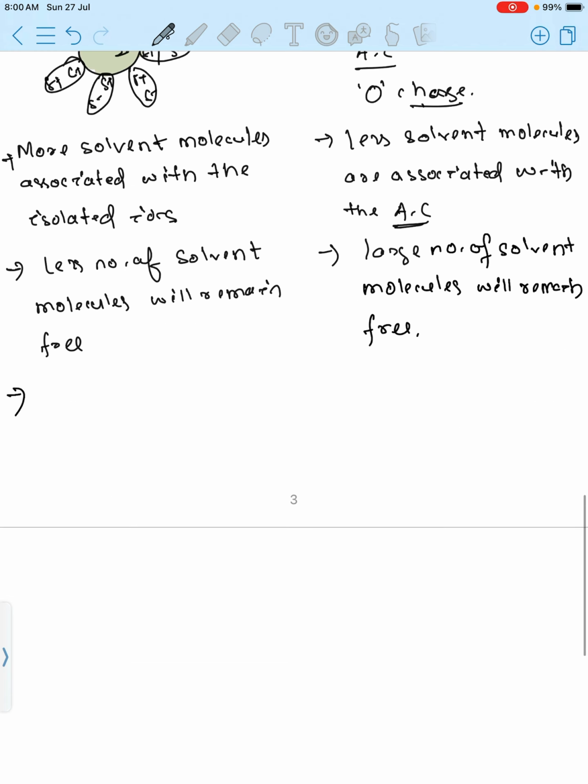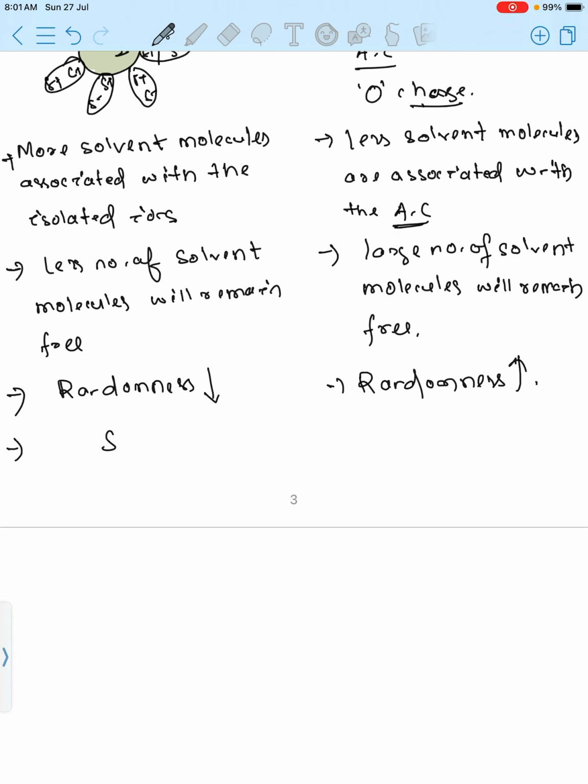So the randomness would be lesser here, but here the randomness would be larger. As more solvent molecules are remaining free, they are able to move in any random direction, therefore the randomness would increase. So what will happen to the entropy?